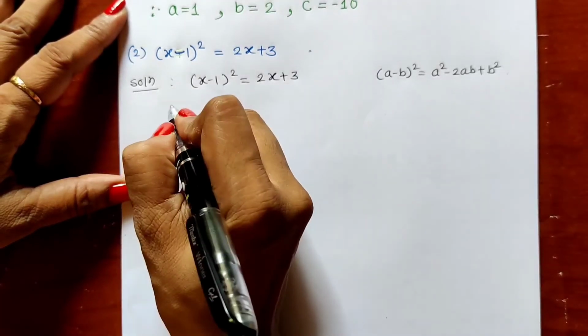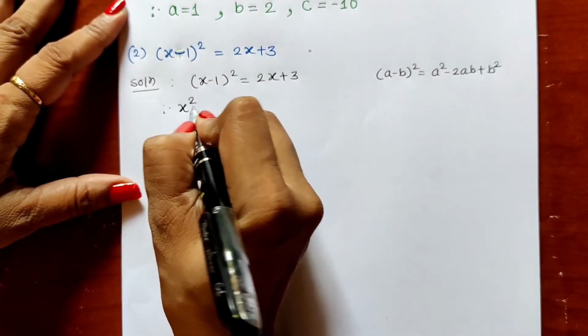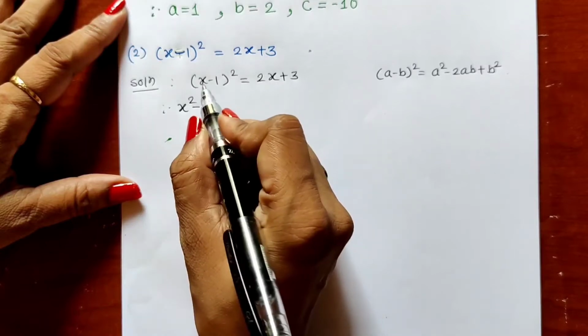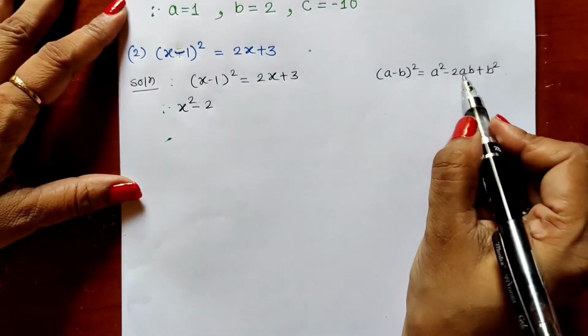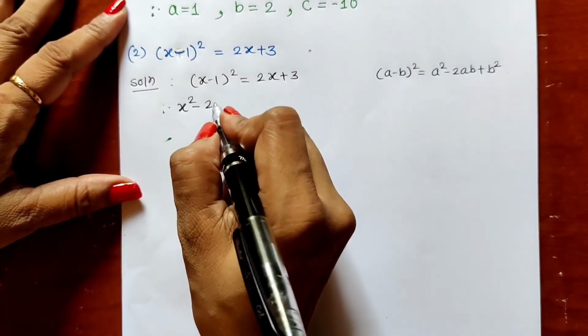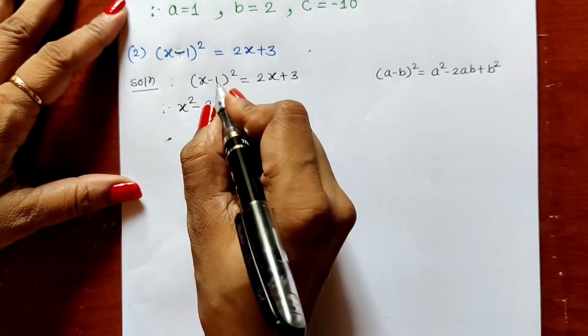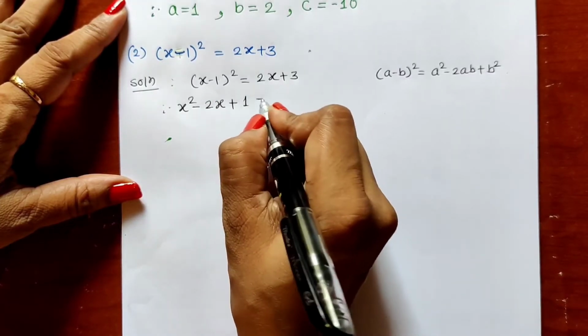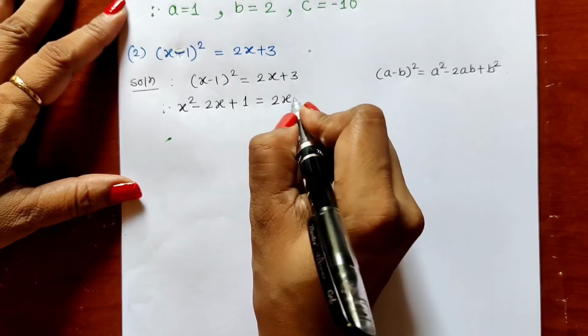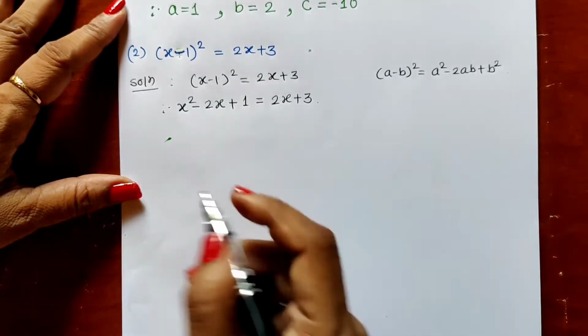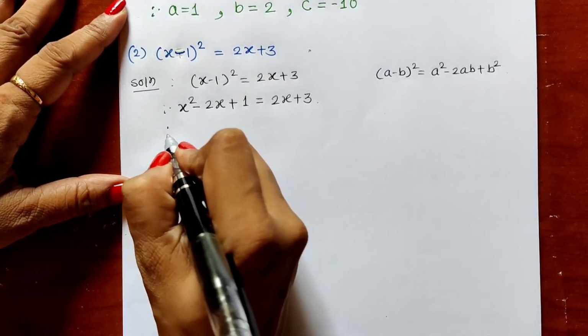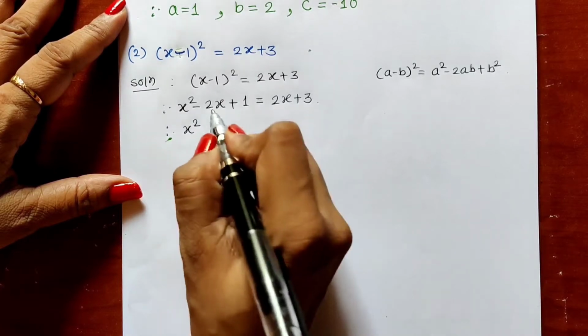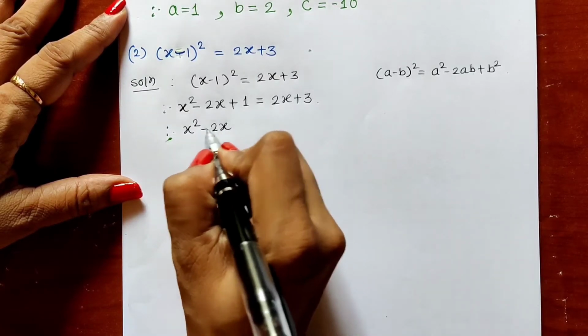So here it will be x square minus 2 into x into 1. 2 into a into b means 2 into x into 1 means 2x. Plus b square, b is 1. So 1 square is 1 is equal to 2x plus 3. Now therefore x square as it is I write, this minus 2x as it is I write.